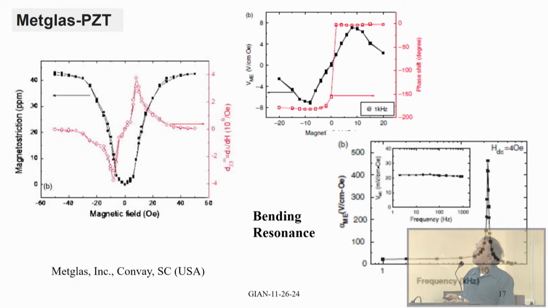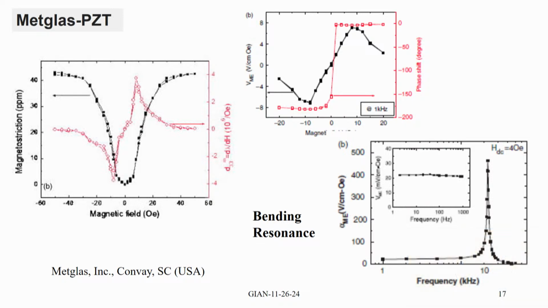And Metglas, this is something that I want to make sure you understand. Metglas is an amorphous alloy of iron, cobalt, nickel and a variety of materials. They all have different numbers based on the alloy content. There is a company in New Jersey that makes the Metglas alloys, so it's probably possible to buy them.